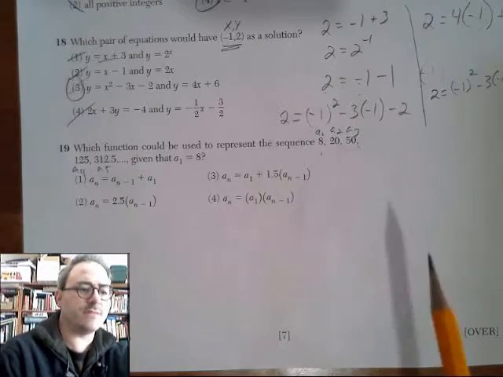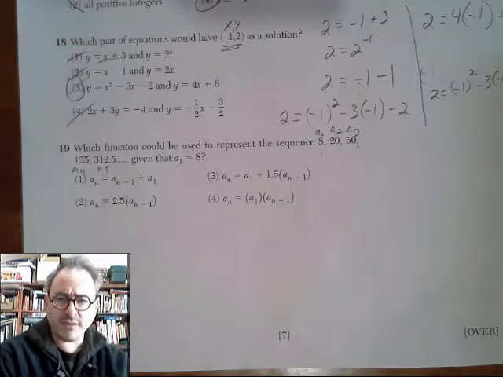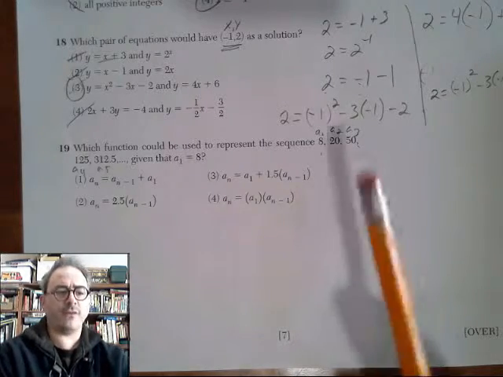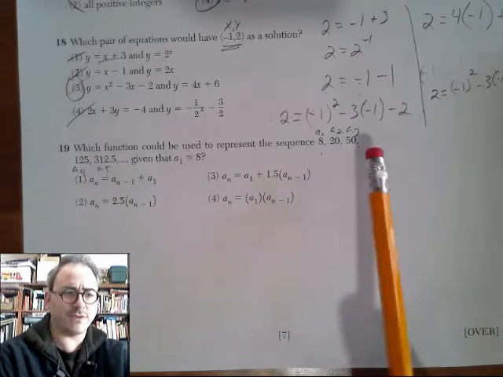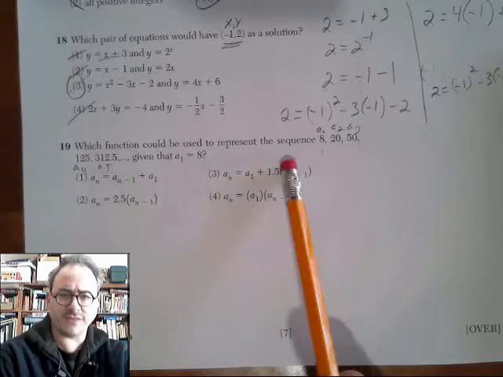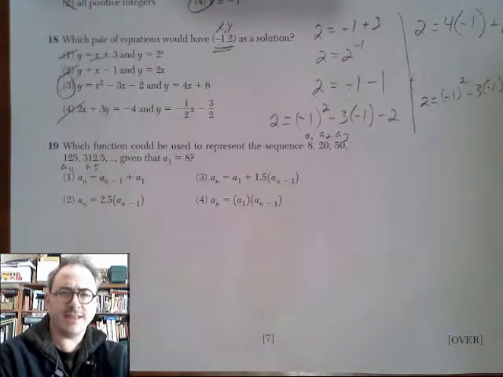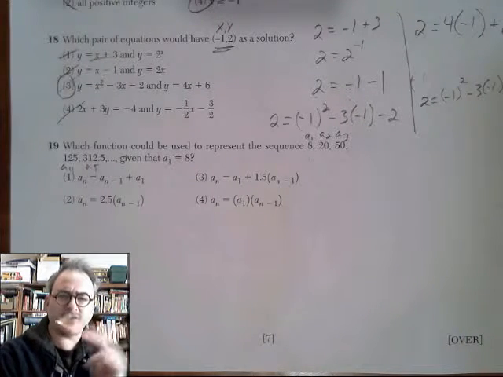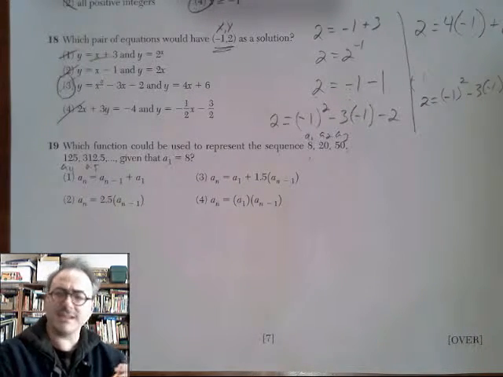So knowing very little about sequences, but remembering our characteristics of geometric functions, hopefully you could start playing around with some of these numbers. You could start taking 20 divided by 8, 50 divided by 20, and see that you're increasing by a multiplier of 2.5 for every step in the sequence.